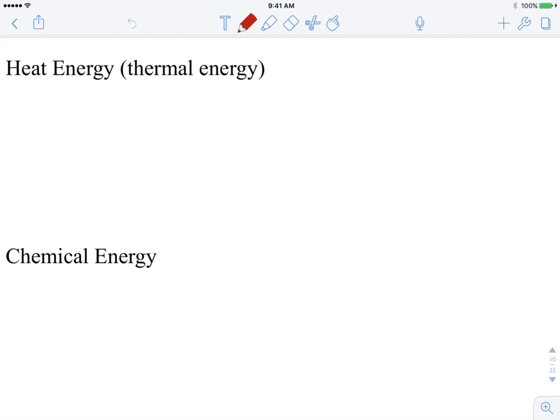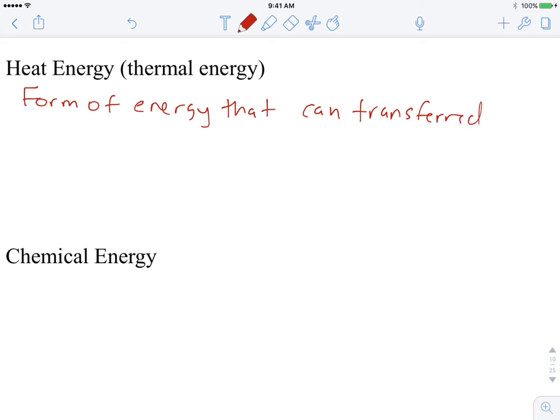Heat energy is a form of energy that can be transferred between objects. Generally it will be transferred from a hot object to a cold or cooler object.